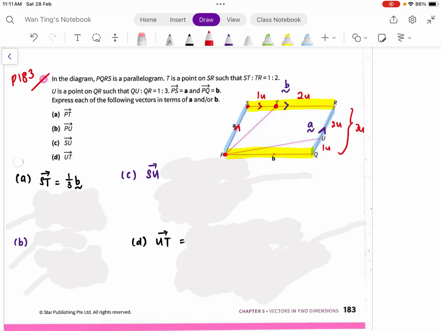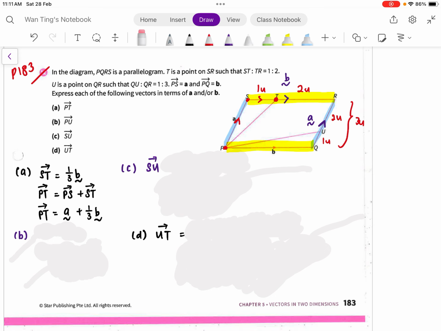So how to find ST? It is 1/3 of B. With that, I can add this down. PT is P to S, S to T, and my answer will be vector A plus 1/3 B.